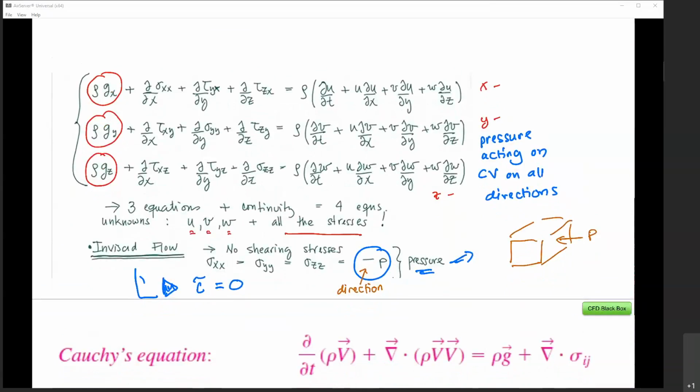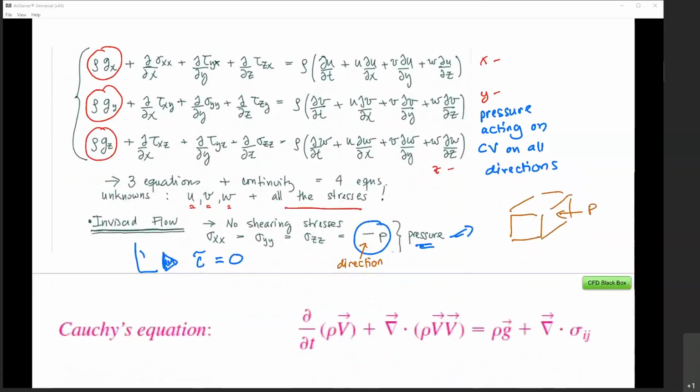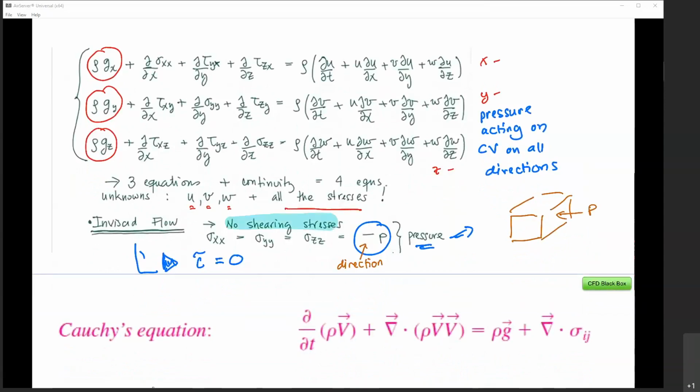Now, one more thing: if we assume our flow to be inviscid, inviscid means there is no viscosity. When there is no viscosity, it means that there are no shearing stresses. When that happens, you can cross out all the viscous terms.